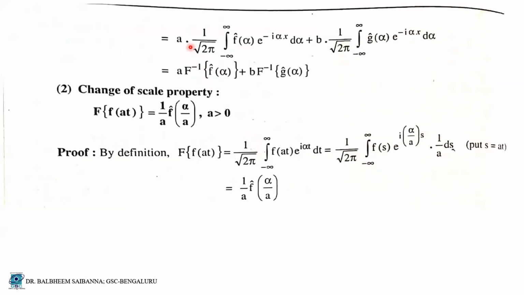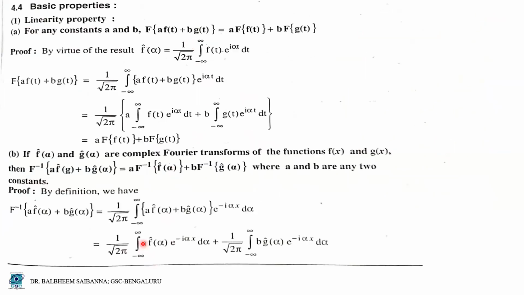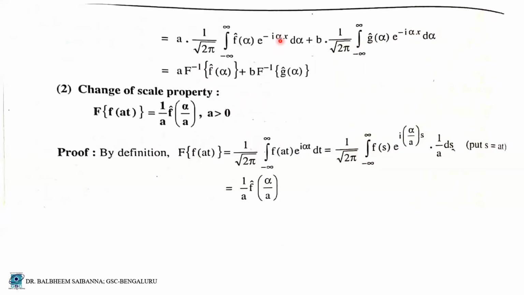Then a is constant right outside the integral, and b is also constant right outside the integral. Look very carefully at the integral. After we write a and b, these integrals use the inverse Fourier transform definition.